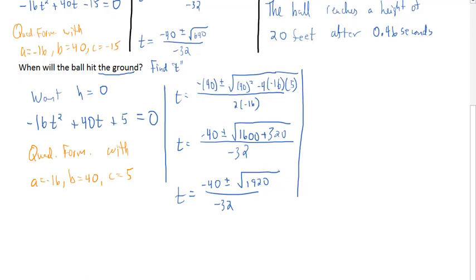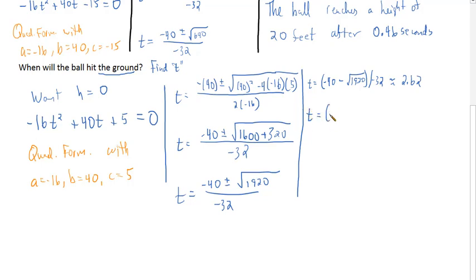And like before, let's find these two values using our calculator. So one of the values, t, would be negative 40 minus the square root of 1920 over negative 32. And if I calculate that, negative 40 minus the square root of 1920 and divide by negative 32, that ends up being approximately 2.62.